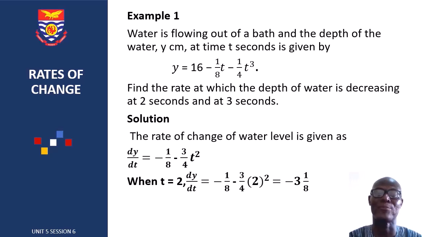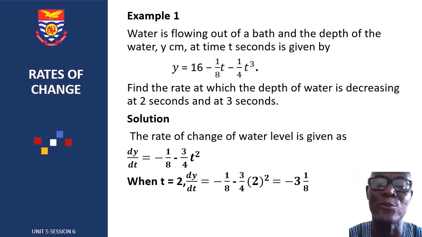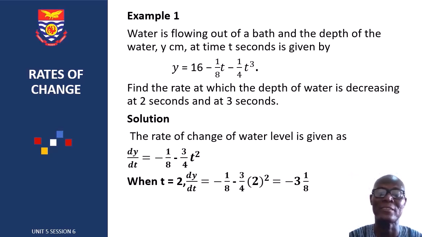Now, to find the rate at which the water is decreasing in the bath, we differentiate the given relation with respect to time. That gives dy over dt to be negative 1 over 8, because when the constant 16 is differentiated, it gives 0, and differentiating negative 1 over 8 t gives negative 1 over 8.